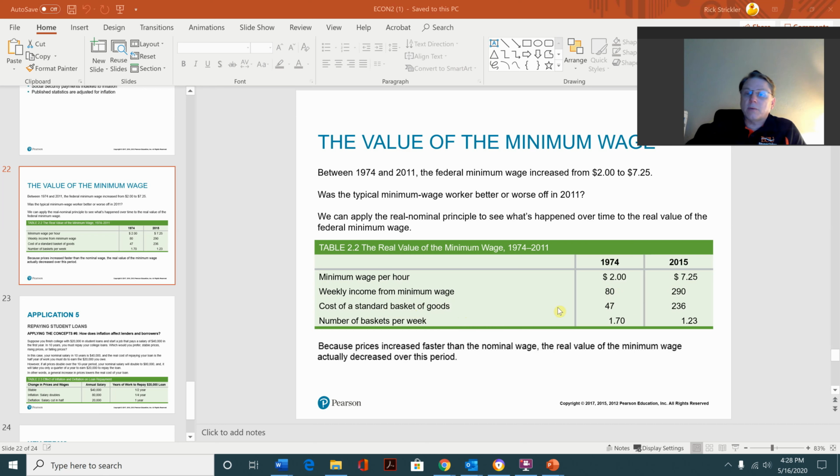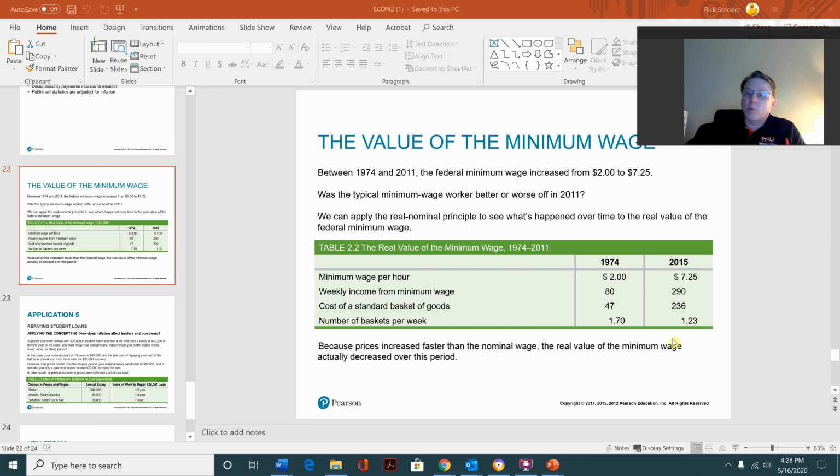Cost of a standard basket of goods is $47 there and $236 here. And so the number of baskets per week: you could buy 1.7 baskets of goods in 1974, and today you can only buy 1.23 baskets of goods in 2015.